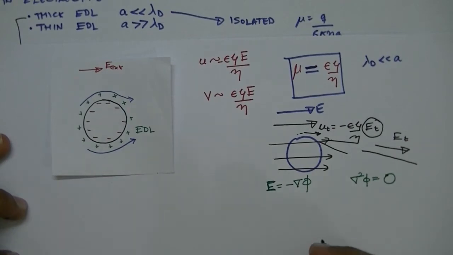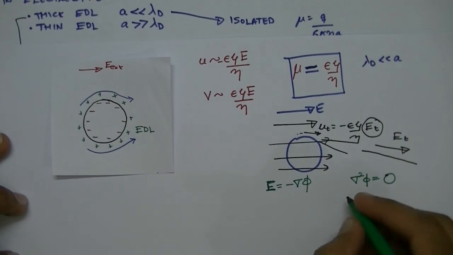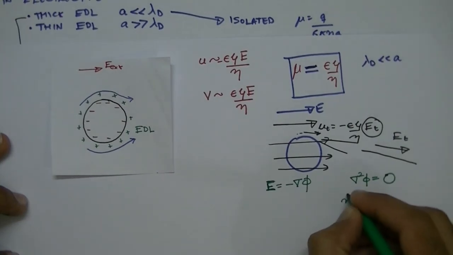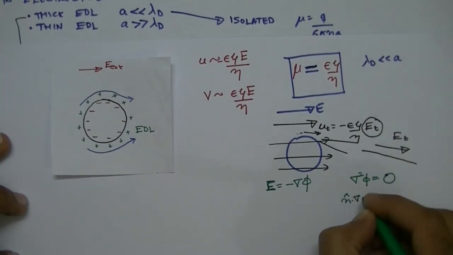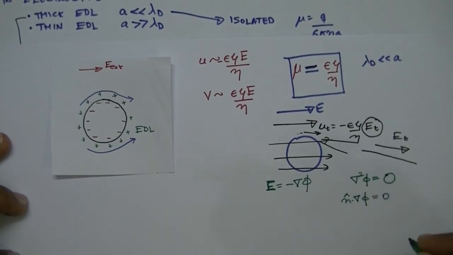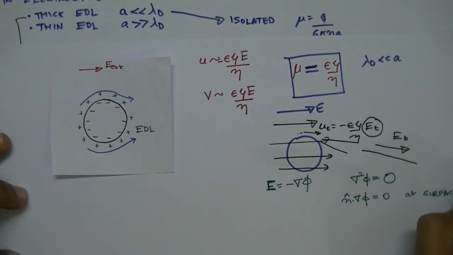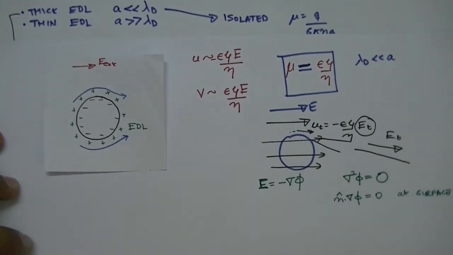Now for the boundary conditions, we note that the EDL is thin and it completely screens the surface charge. Therefore the normal component of the electric field should be 0 at the surface of the particle.